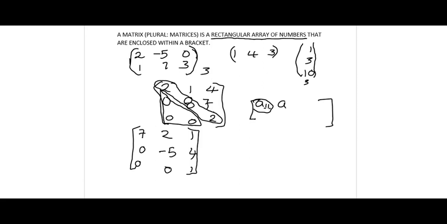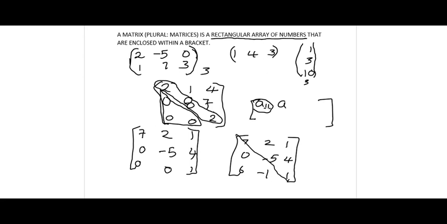But if we still have something like this, we have probably quite different: 7, 2, 1, 0, 6, minus 1, 1, minus 5, 4. This is another matrix, and then we want to find the upper triangular matrix.